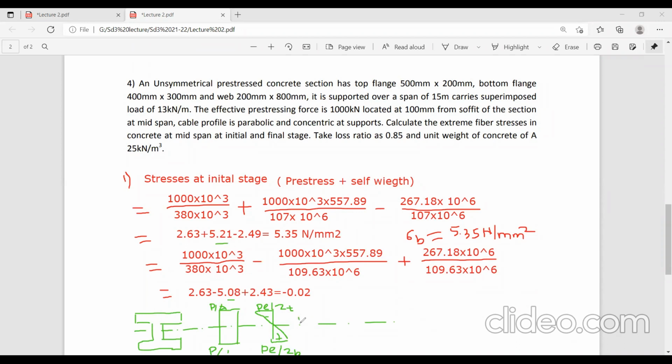Then, plus, this is an addition. Due to self weight, at the top it is compression and at the bottom it is tension.